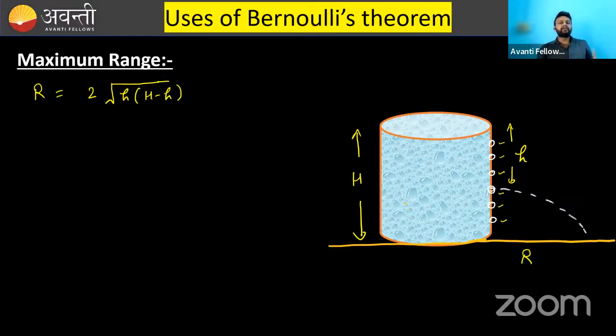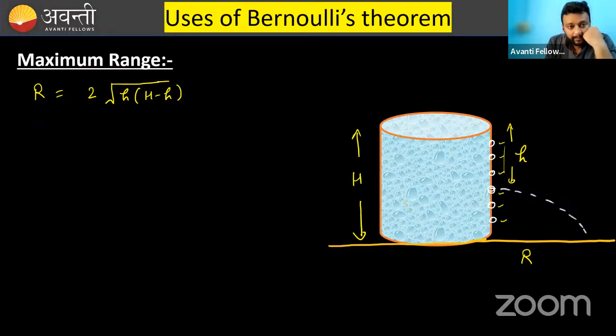R is the range of the liquid falling on the ground. We need to identify at which height the orifice should be made so that the liquid falls at the maximum distance. So this h is to be identified for maximum range. That's our task.